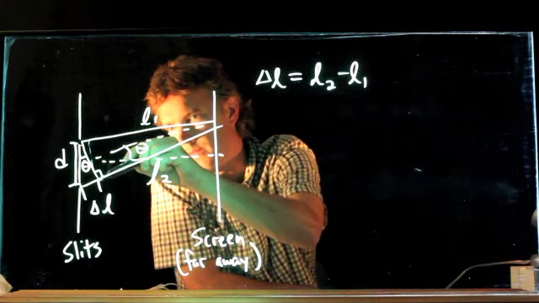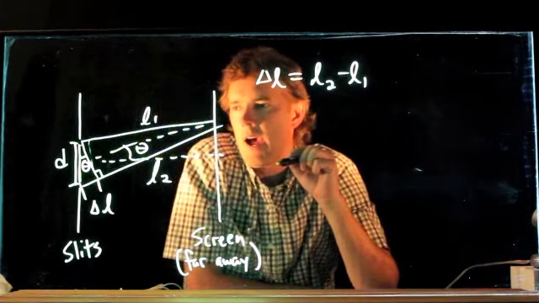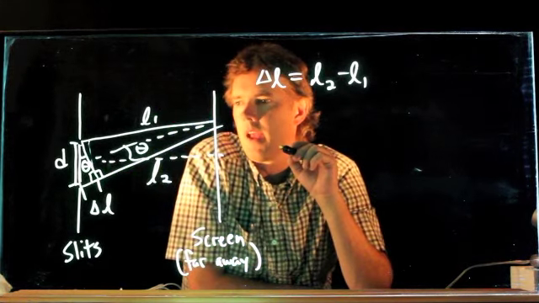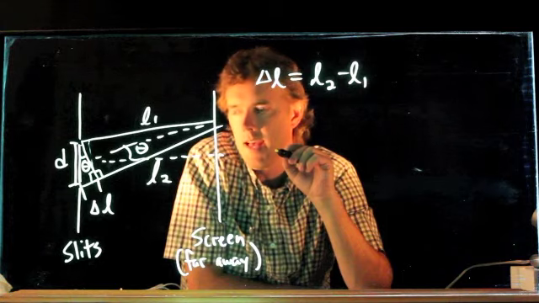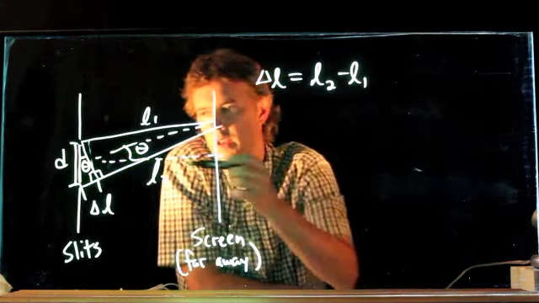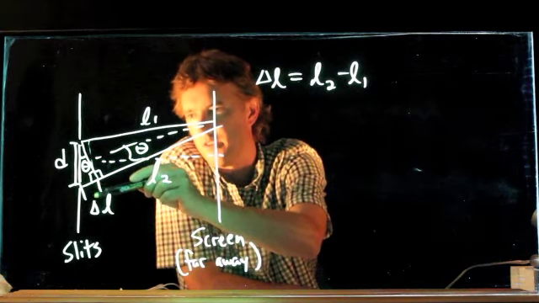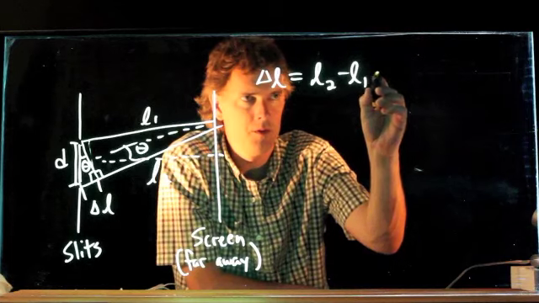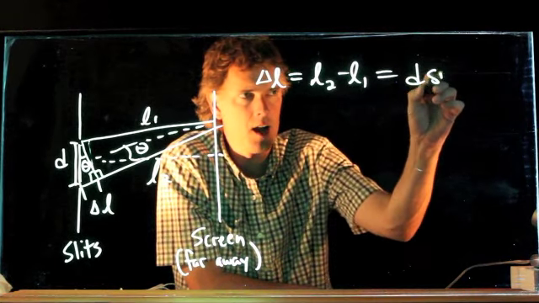This triangle has a right angle in it, that angle right there. And so we can write delta L in terms of d and the angle, and sine of theta is delta L over d. So delta L is equal to d sine theta.